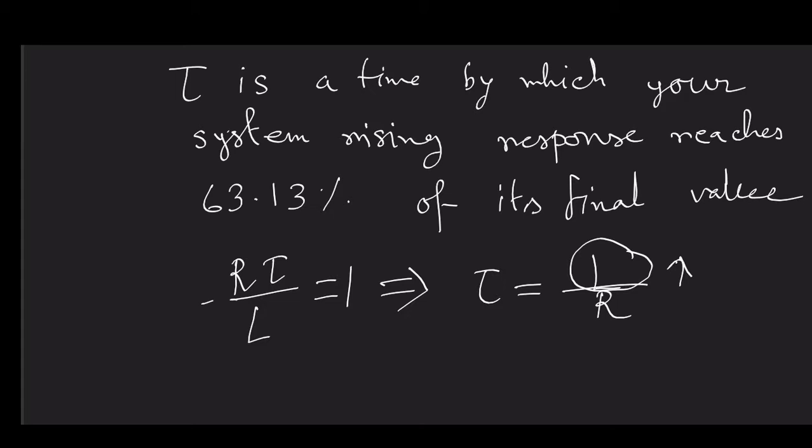Here we are trying to switch on a simple RL series circuit to our source, and I would like to get an answer from you: what would happen if we just disconnect a series RL circuit from a source?